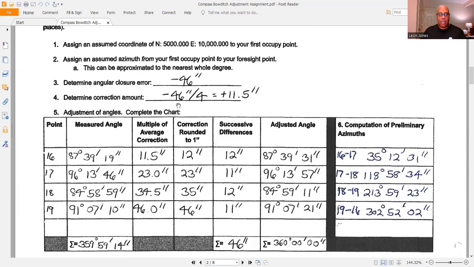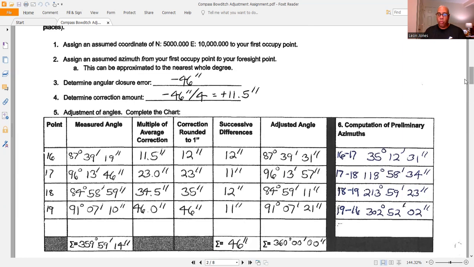So I did do that. And then I took 4 points. So you had minus 46. So I divided by 4 to get 11.5, added everything up. And here's my adjusted angle. And this is for a 4-sided traverse.